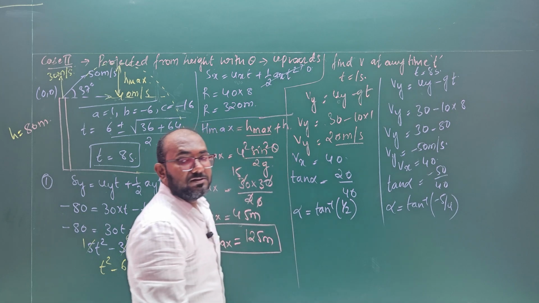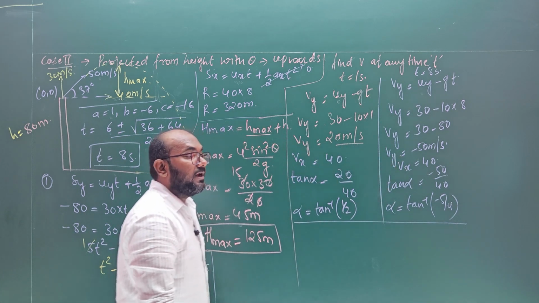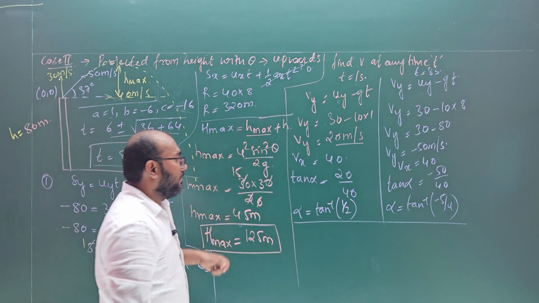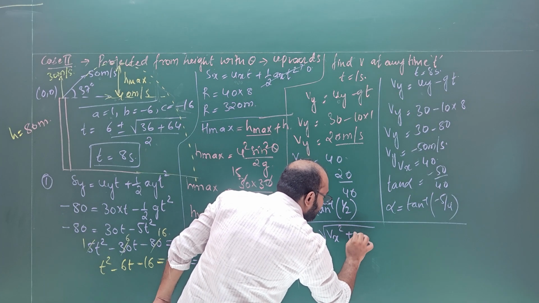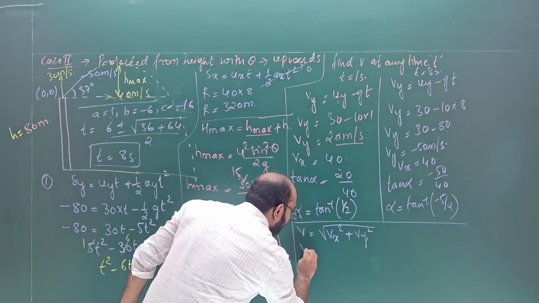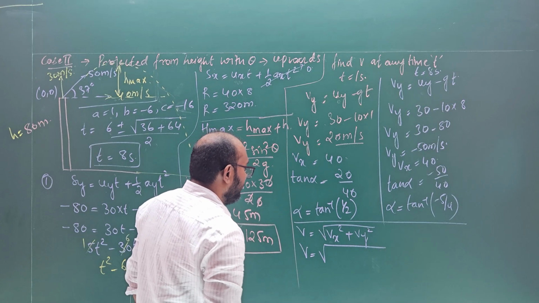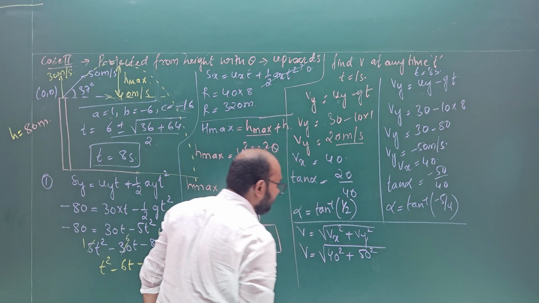They can also ask you what will be the velocity at t equal to 8 seconds. Then we can find it by using v is nothing but the root of vx square plus vy square. So v is equal to, how much is vx square? 40 square plus 50 square.